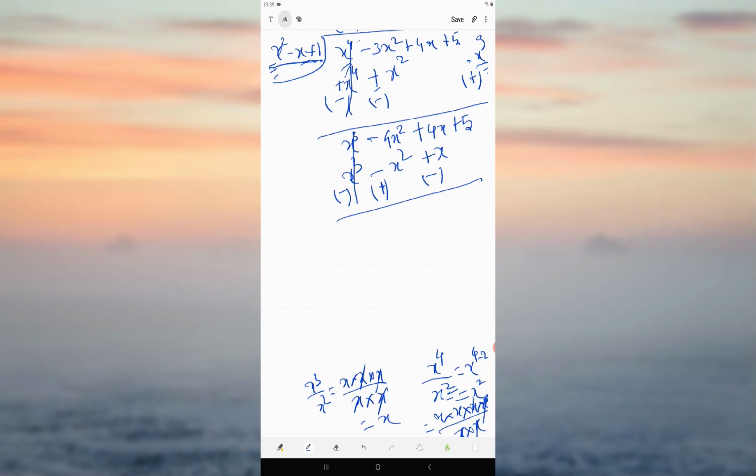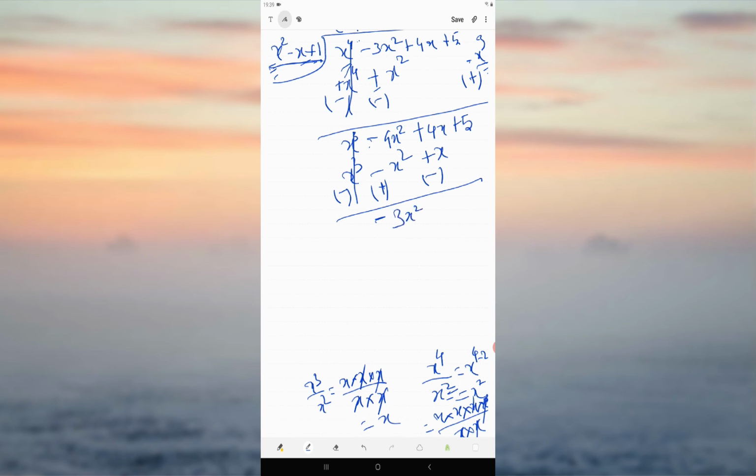I told you, if both are of opposite sign, what we need to do is subtract the lower from the higher and put the sign of the greater. What is the sign of the greater number? That is minus, because minus 4x square plus x square. So the sign will be minus, because the greatest number's sign is minus, and then 4x square minus x square is 3x square.